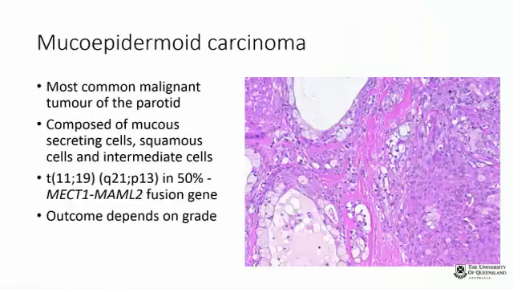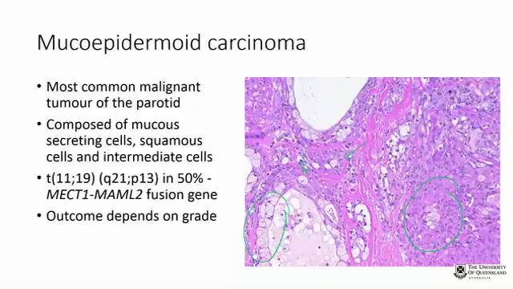Mucoepidermoid carcinoma is the most common malignant tumour of the salivary glands, accounting for approximately 15% of all the mass lesions seen. They usually occur in the parotid, but can occur in other salivary glands, including the minor salivary glands. Histologically, they show a mixture of glandular cells, squamous cells, and cells with an intermediate phenotype.